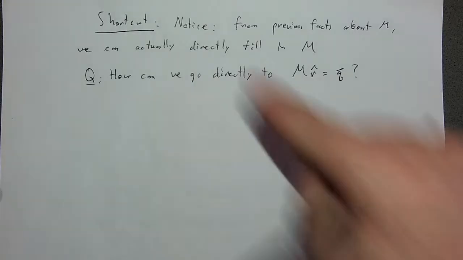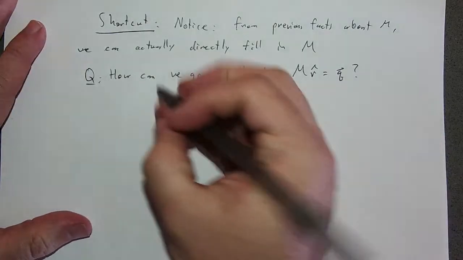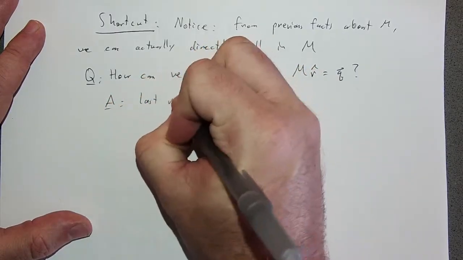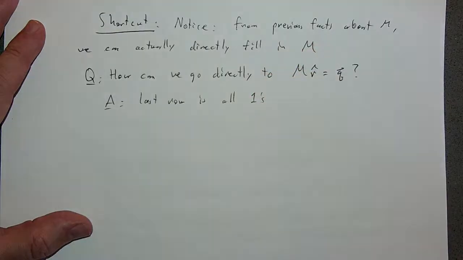So we knew what the diagonal entries were: the total number of games played by the given team, and the off-diagonal entries were the negatives of the number of games played by the corresponding teams. So first of all, the last row is all ones. Okay, so we got that taken care of.